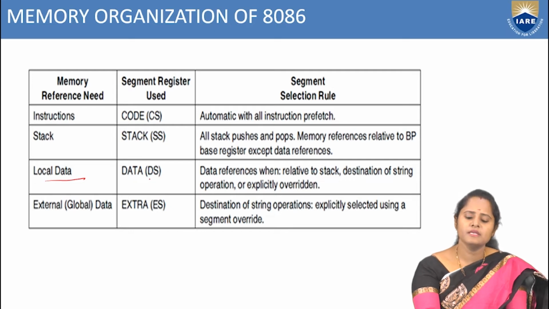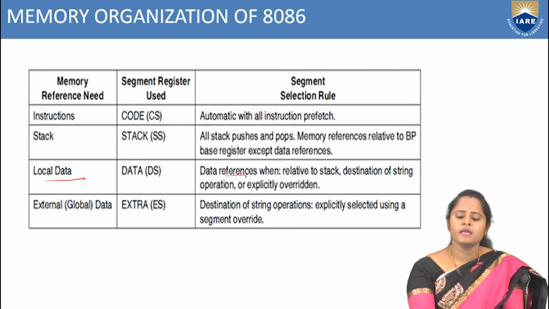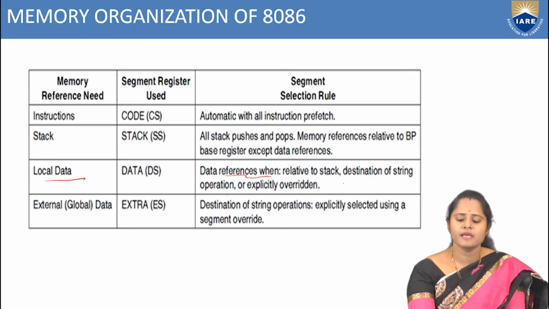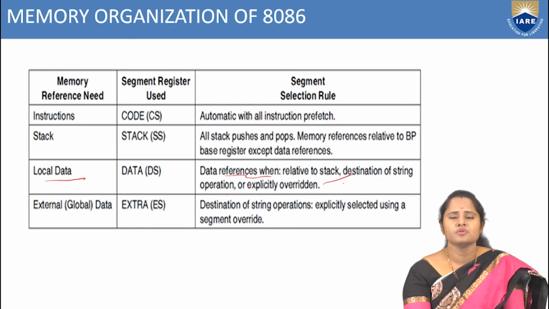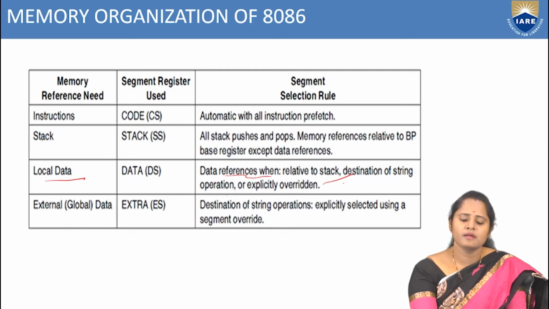And local data is nothing but DS, you can say. The data referred relative to the stack, or the destination of a string operation, or explicitly overridden. So for all the data transferring kind of instructions, like string operations, all the data is given in the local data segment, that is DS.